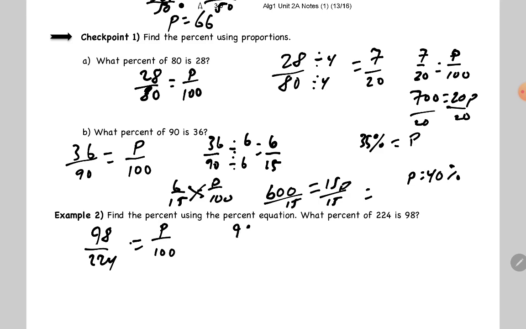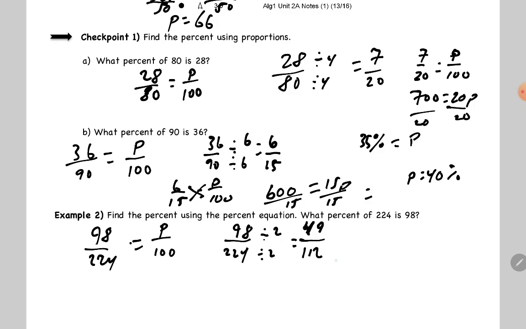So 98 over 224. I don't know off the top of my head, so I'm going to divide by 2. Dividing by 2 should be not so bad to do. So I have 49 and 112.